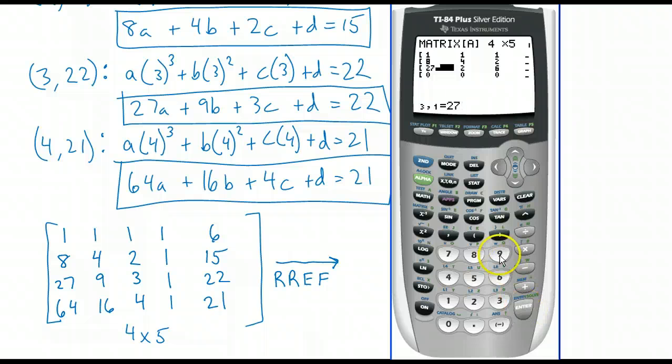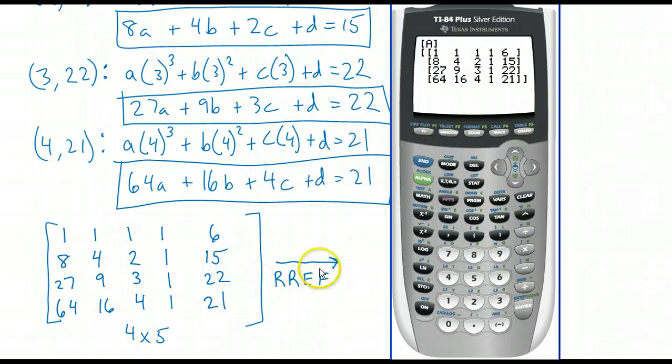Enter in my third row. And finally enter in my fourth row. Now I need to quit back to the home screen. If I just go to my matrix and show matrix A, this matrix should be this matrix.